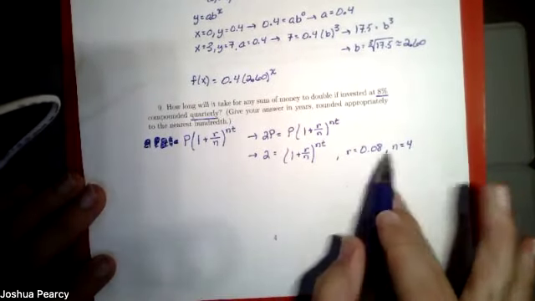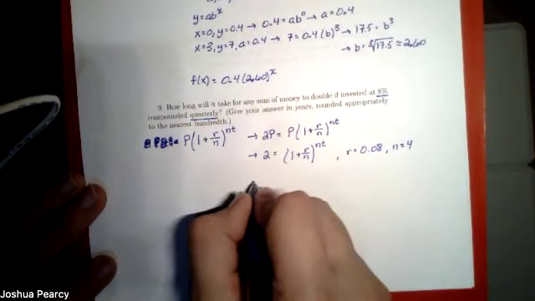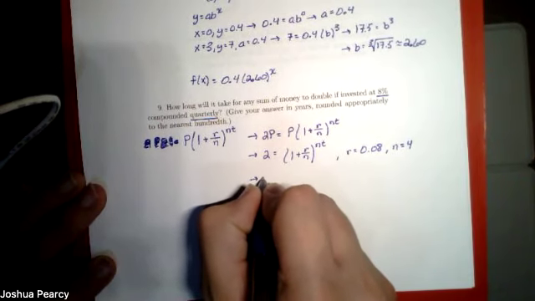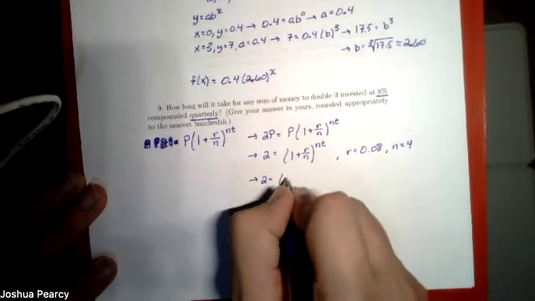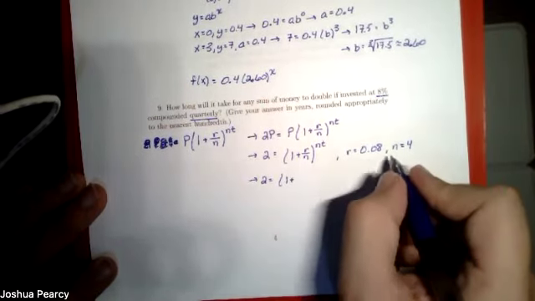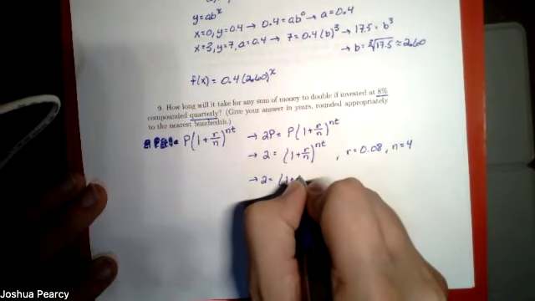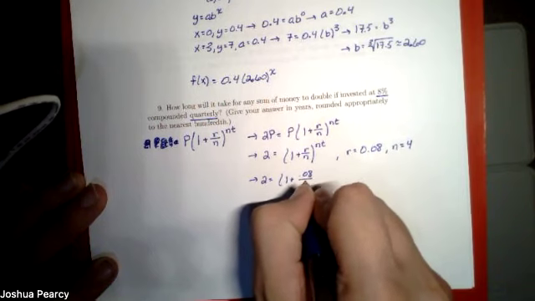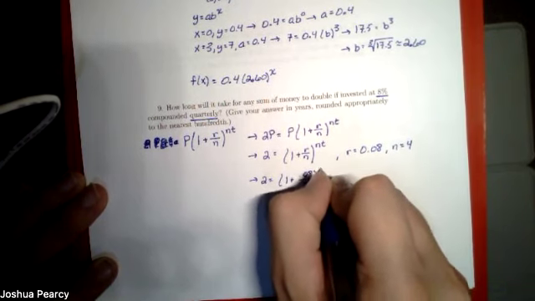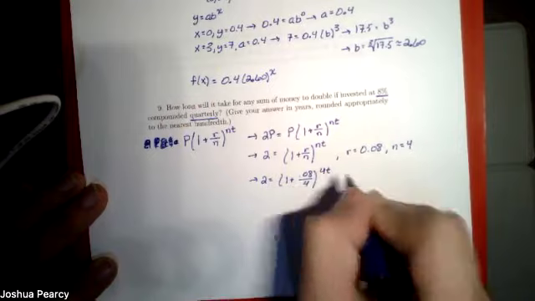We plug these two facts in here, so 2 is equal to 1 plus 0.08 over 4, to the 4 times t.